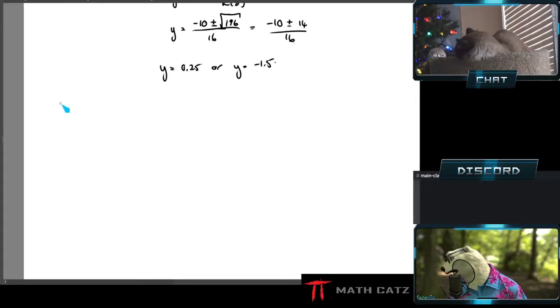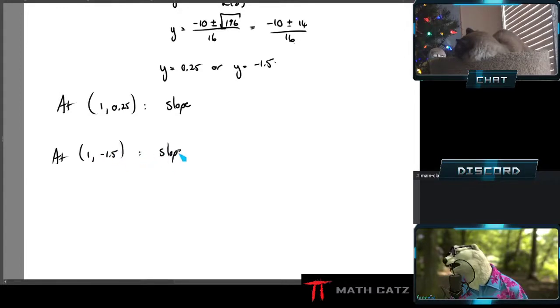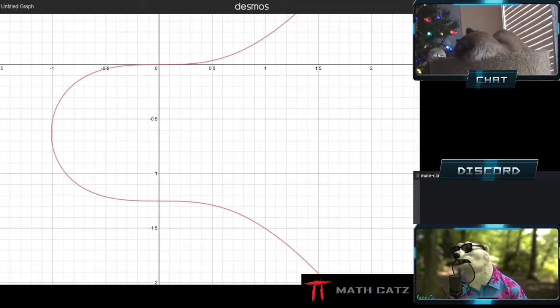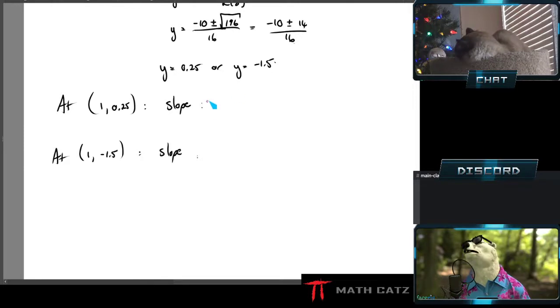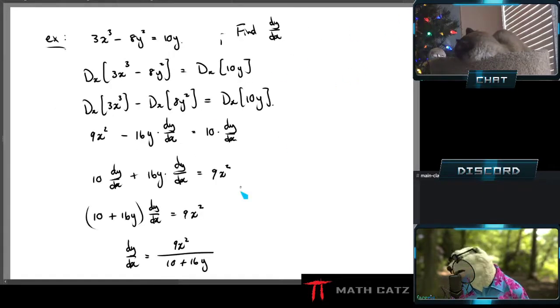So then at (1, 0.25) and (1, negative 1.5), I'll get different slopes, depending on the symmetry, right? The symmetry here is pretty strong, it looks like. So there might be an obvious relationship between these slopes, but it won't be in general.